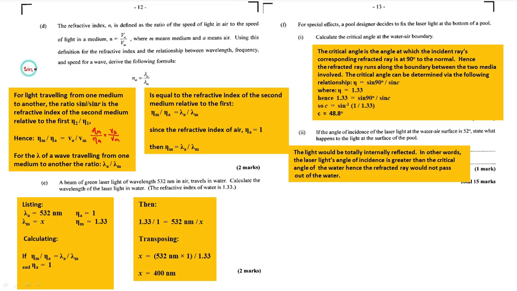the sine of the angle in air divided by the sine of the angle in the medium is related to the refractive index in such a way that it is the refractive index of the medium divided by the refractive index of air.